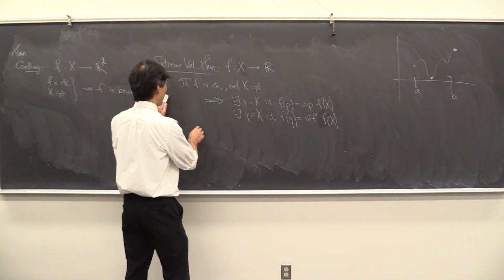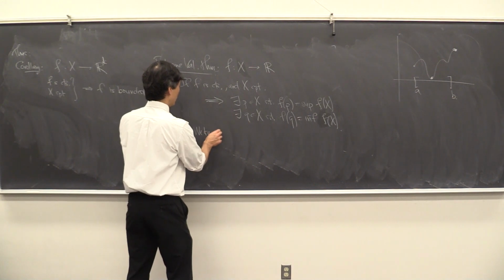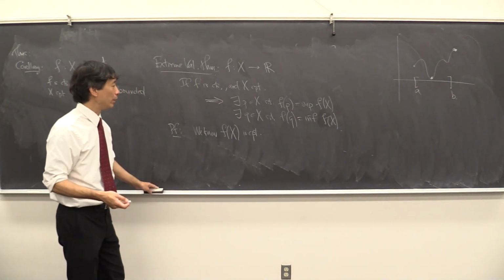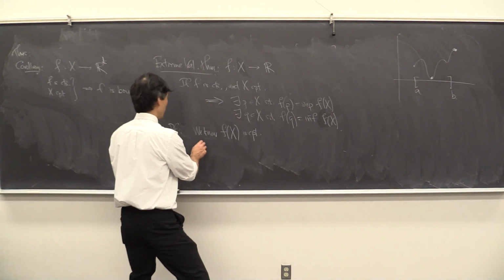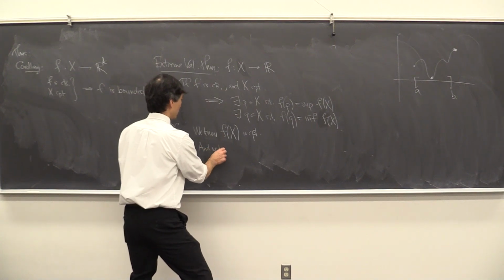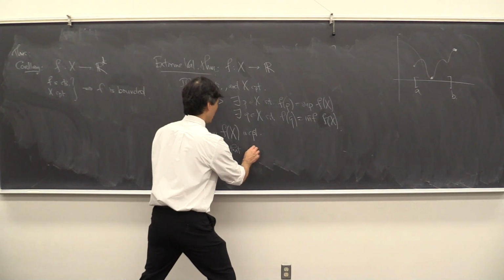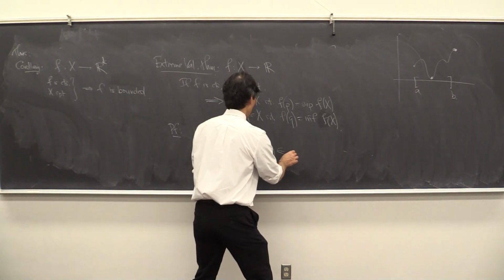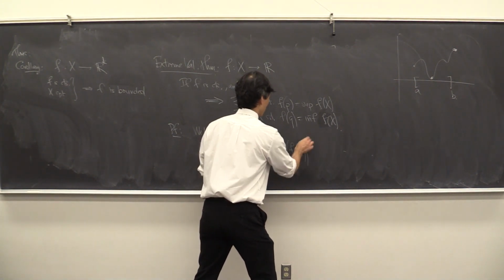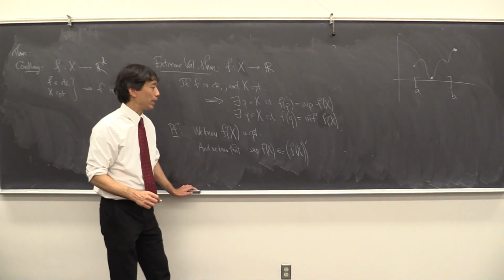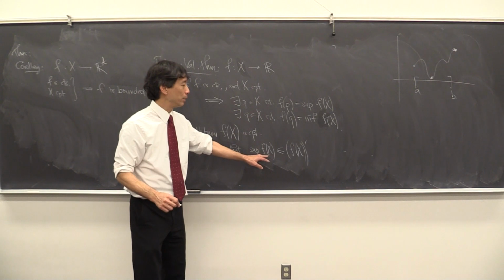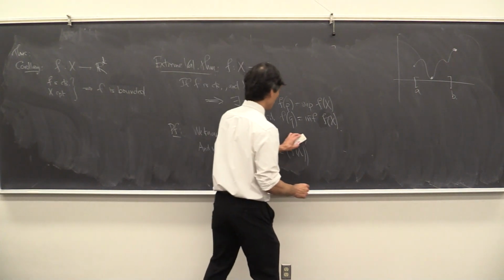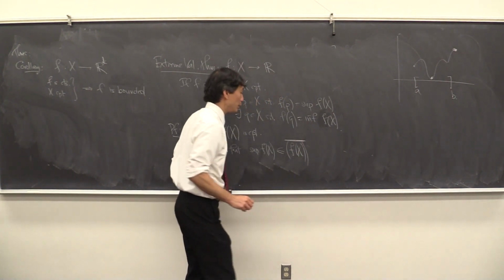So we know that f of X is compact, and we know that the supremum of f of X is in the closure of f of X. Right?